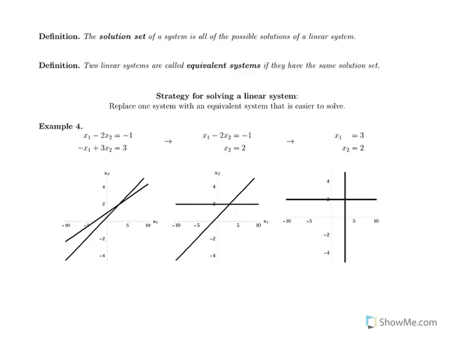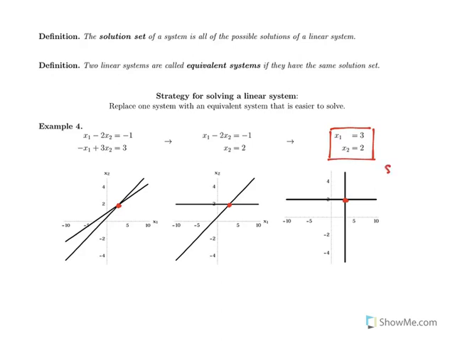So for instance, these 3 systems I wrote in example 4 all have the same solution, all have that same intersection point in common. And what we can do is, instead of using the complicated lines in the first example, we can use the horizontal and vertical lines to understand that solution perfectly.